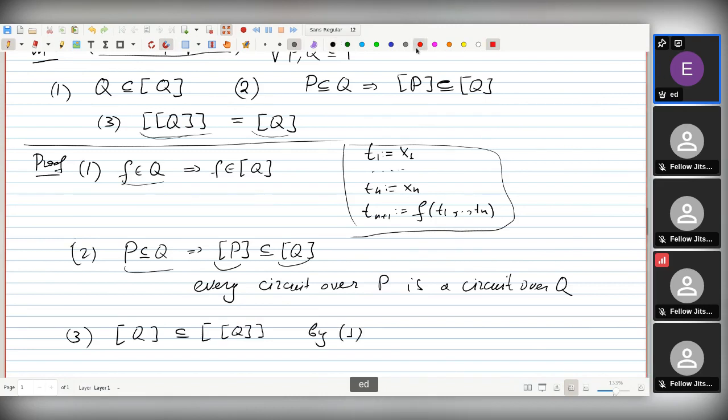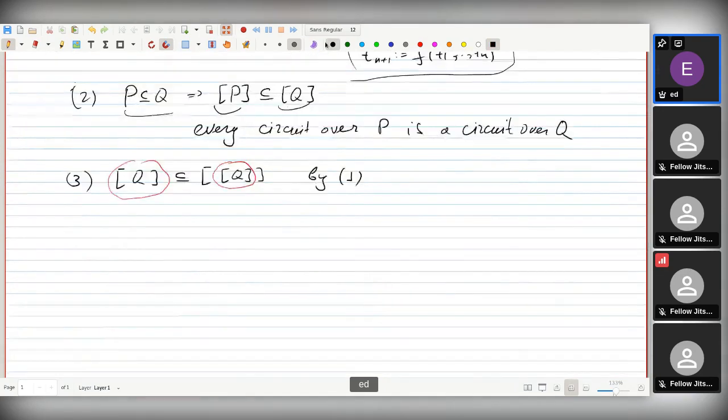Just see, every set is included in its closure. Hence, the closure of Q is included in its closure. The only thing it remains to prove is this one. Everything in the closure of the closure belongs to the closure of Q.